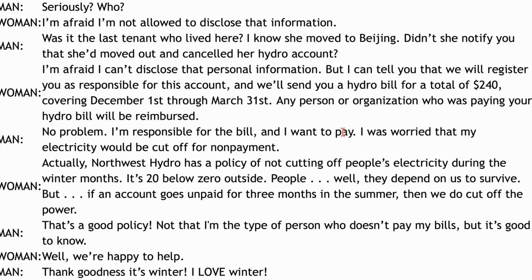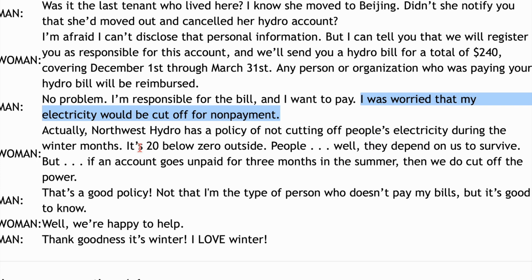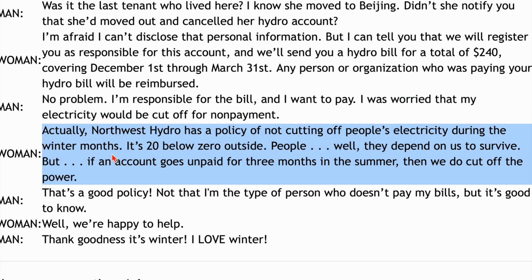So he says here, I was worried that my electricity would be cut off for non-payment. And then she says, actually, Northwest Hydro has a policy of not cutting off people's electricity during the winter months. Okay, it's 20 below zero outside. People, well, they depend on us to survive.